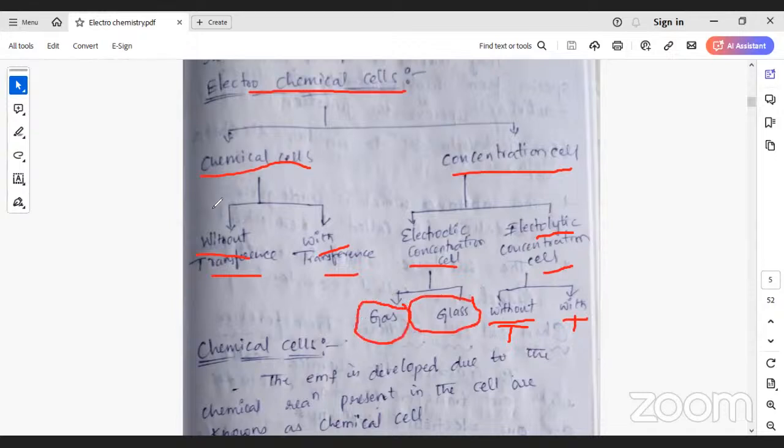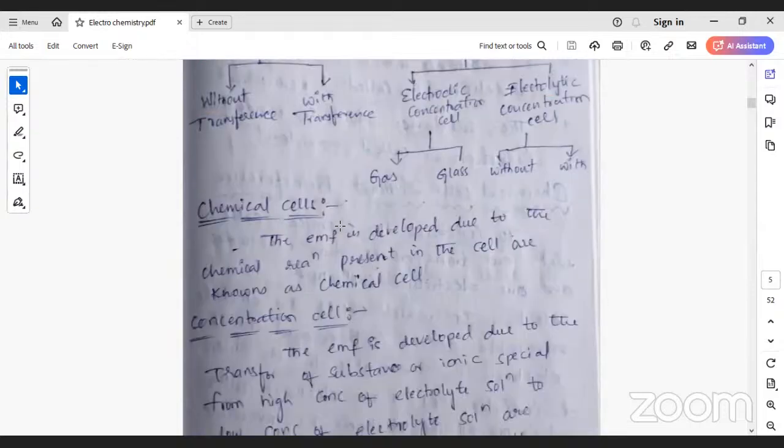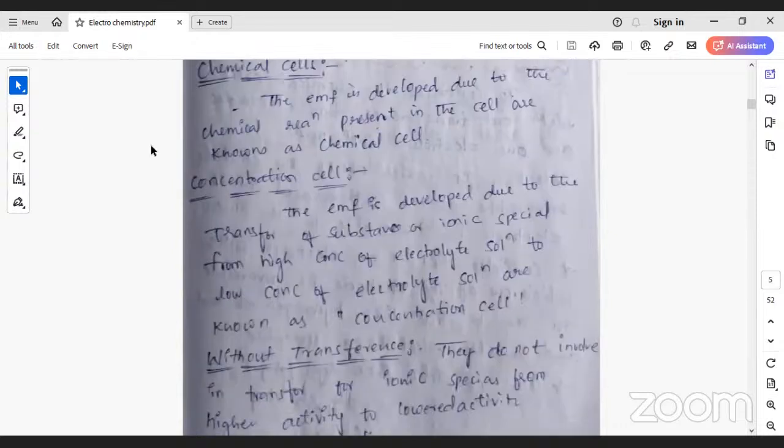So what are the chemical cells? Chemical cells means the EMF is developed due to the chemical reactions only. The EMF means the potential is developed.